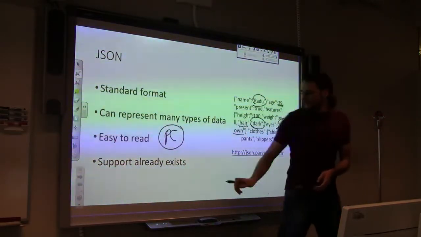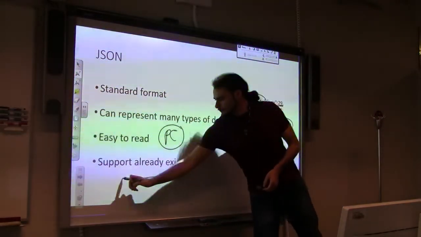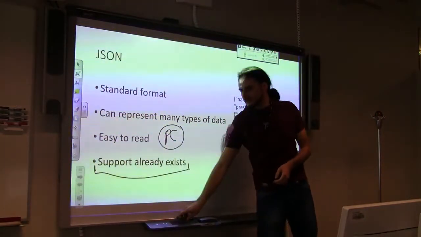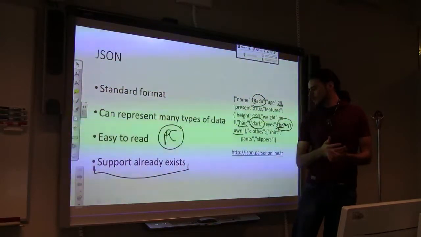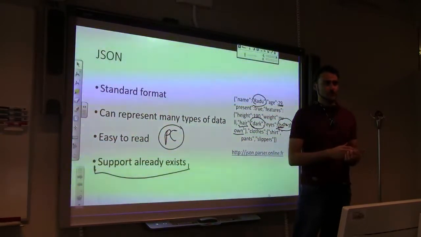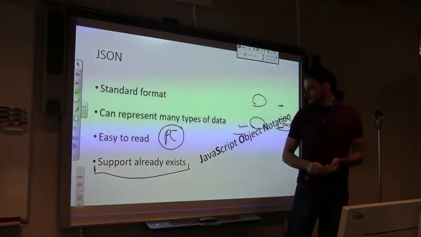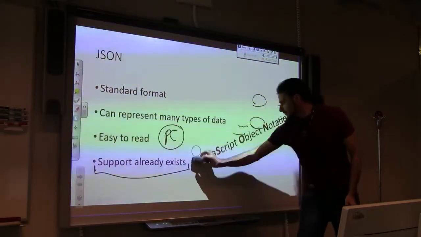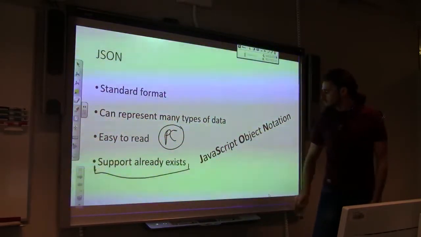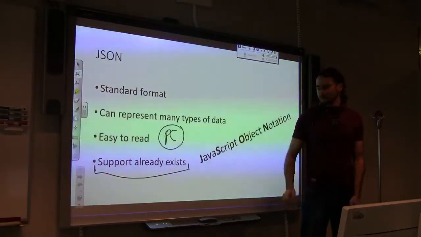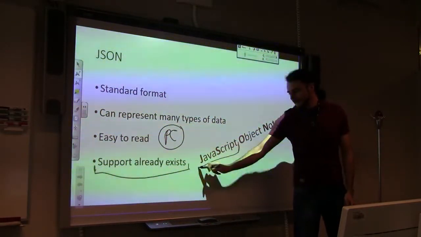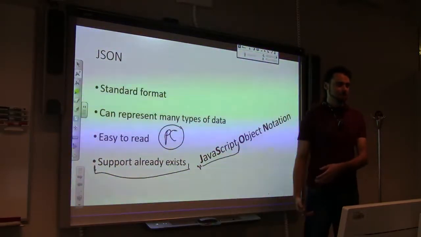And the final reason why we talk about this JSON here is that it has a lot of support. And by that I mean that JSON actually stands for JavaScript Object Notation. And you know you have support when it has the programming language in its name.